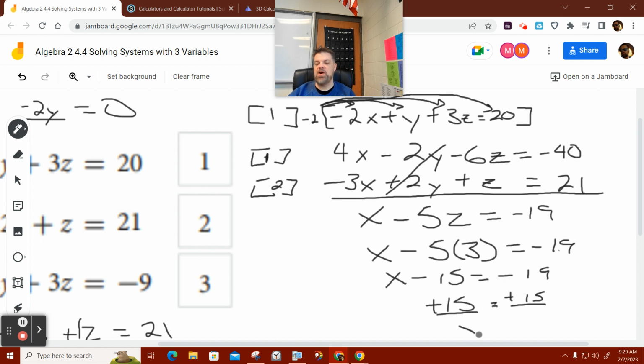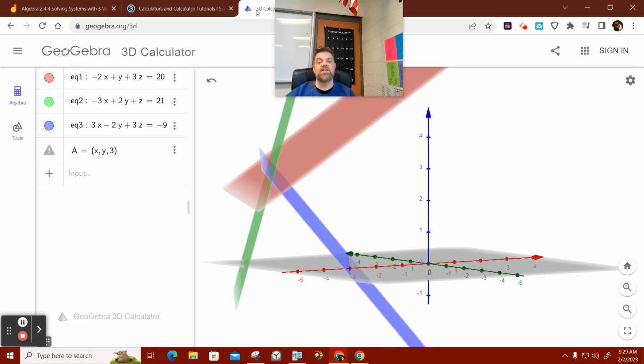Now, you know why I paused for a second? Because I was doing the math, and I said, wait a minute, according to my graph, that's way off. So I think x is 4. Let's see. I'm going to plug in 4 for x. And we said this is about 3.